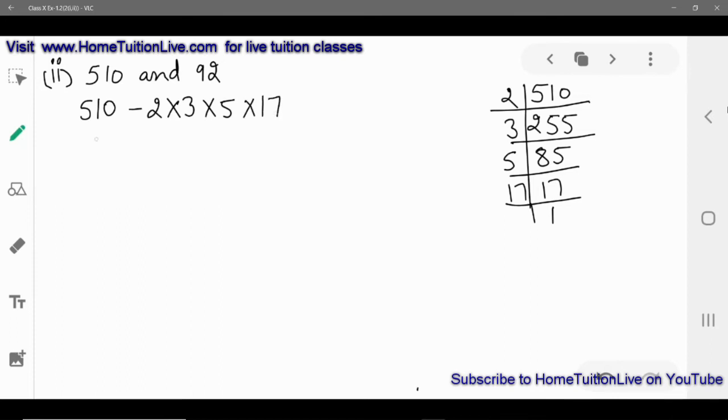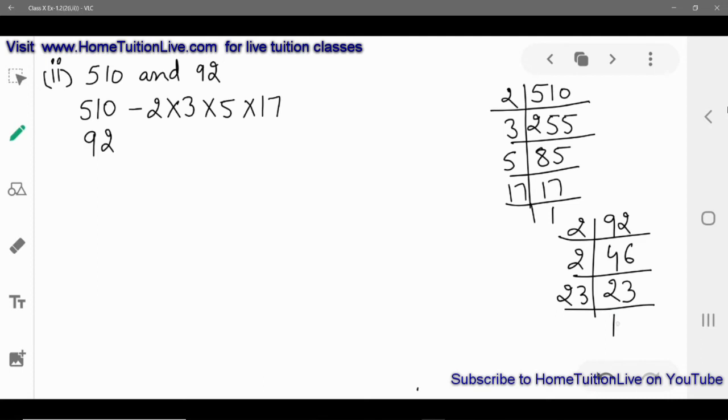In the same way, we will factorize 92. Factors of 92: 2 into 46, 2 into 23. 23 is a prime number, so we will write it here as 2 into 2 into 23, so we can write it as 2 power 2 into 23.